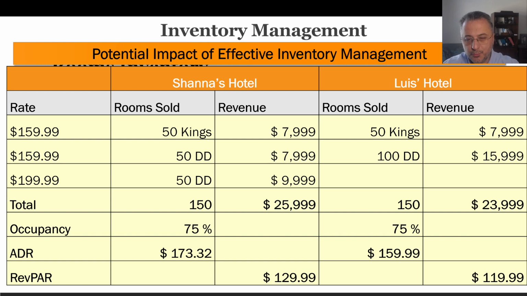Of course, the book assumes they still achieve 75% occupancy, but because Shana eliminated discounts for DD, she generated much better revenue per available room. The idea here is that there are different types of products and how one revenue manager managed inventory differently.